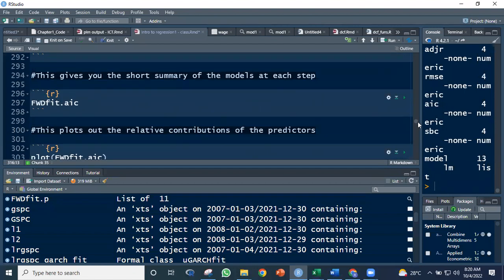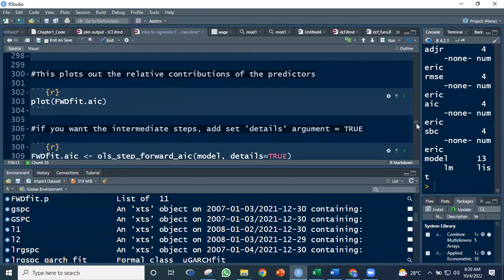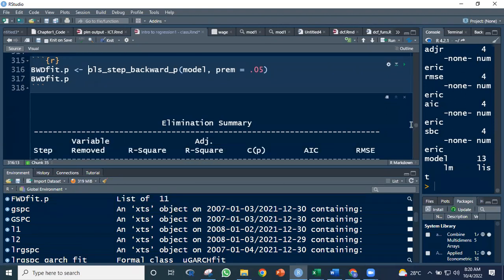So forward we use p enter, here we use p remain. That's the difference. A variable will remain as part of the model if its p-value is less than 0.05.